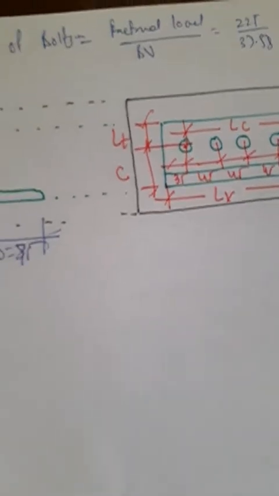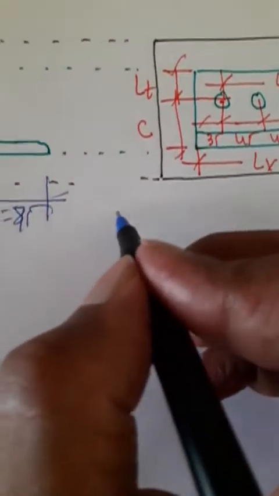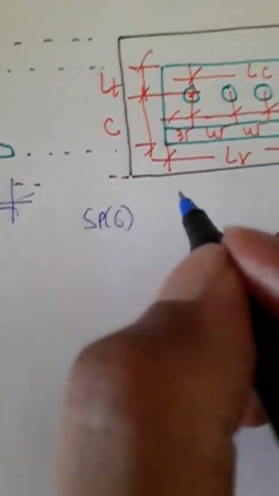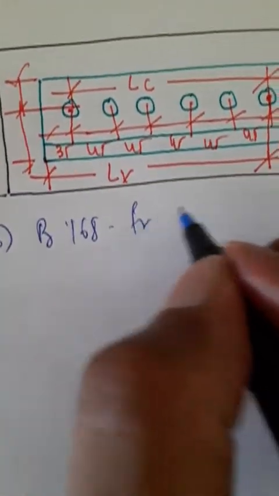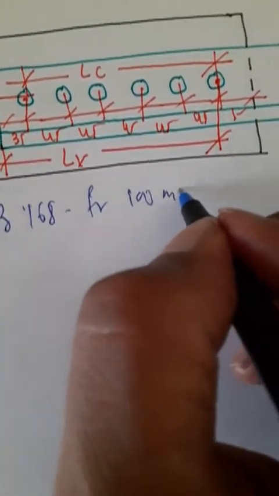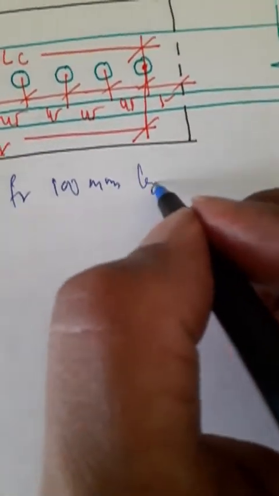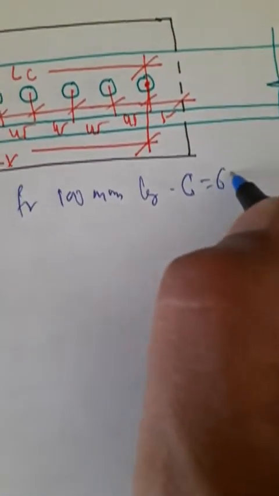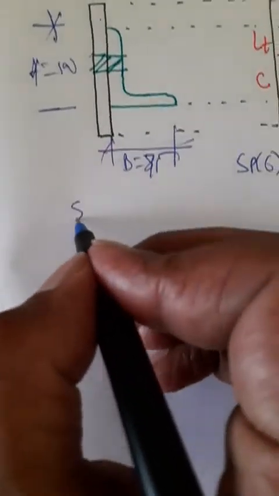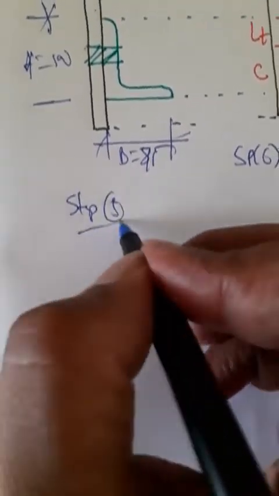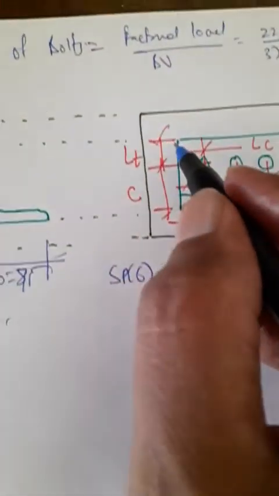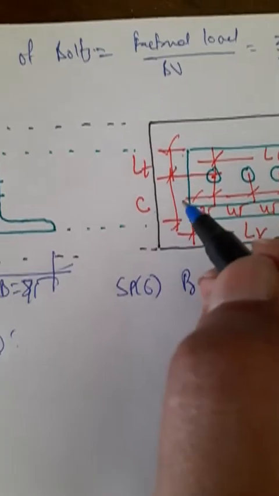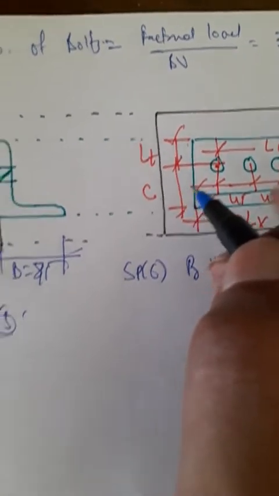Now from SP6, page 168, for a 100 mm connected leg we have C equal to 60 mm. Step 3: here Lt is nothing but this dimension, 100 minus C, that is 100 minus 60 is 40.